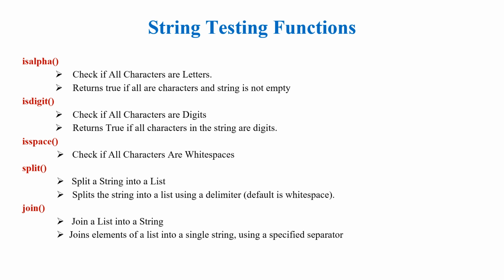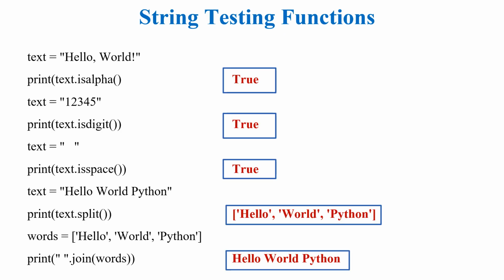So let us understand this with an example. Here we have an input string called hello world. First we check isalpha. The string is completely alphabets, so it prints true. Next we check isdigit. Yes, the input is digit, so it prints true. Next we check isspace.